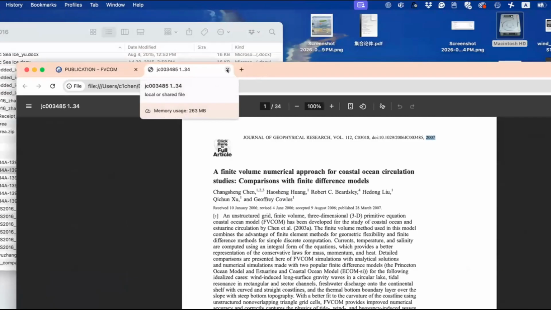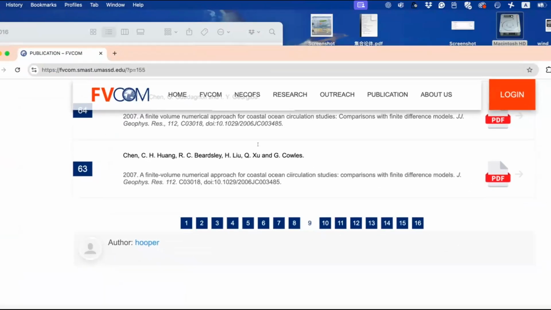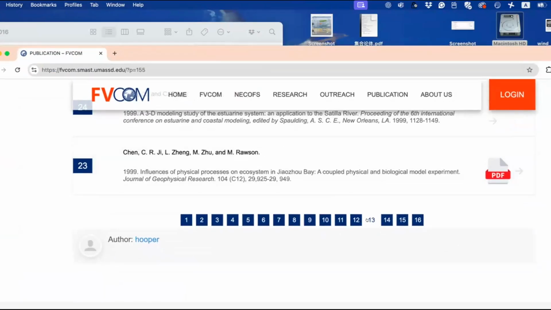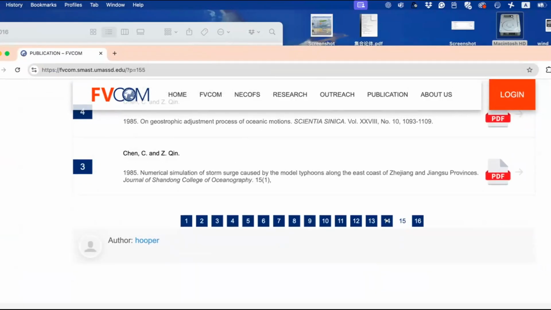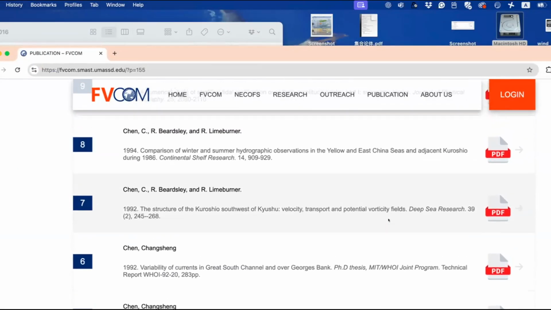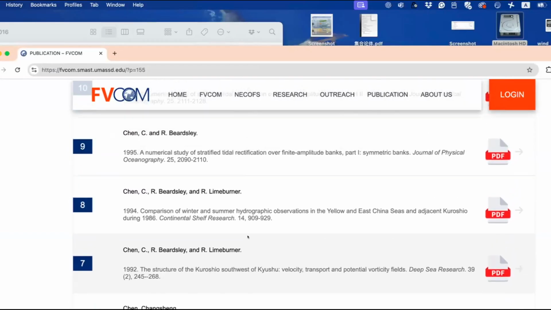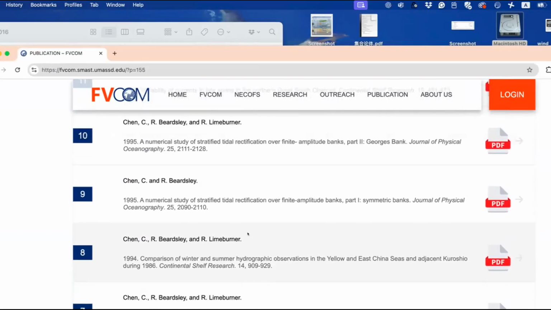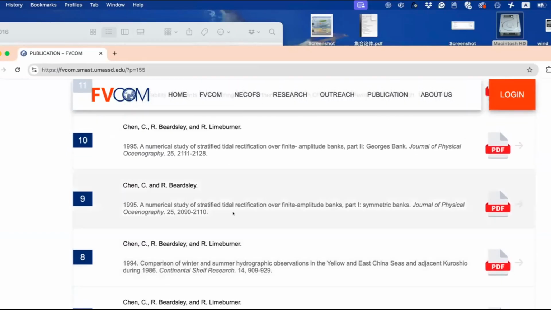You go read the two papers. Let me show that 1995 paper here. You can find it on the website. I had an appendix, and I want to show you the appendix. This one, the symmetric bank. I talk about sigma error.